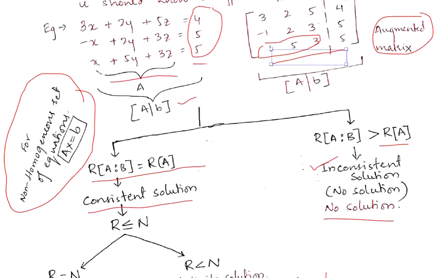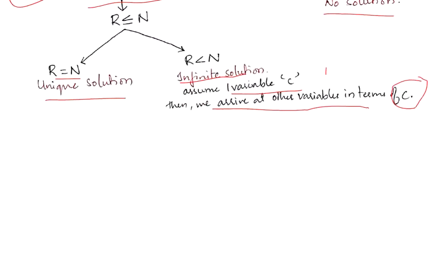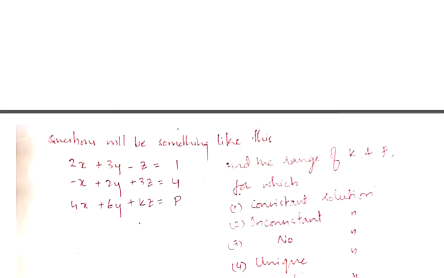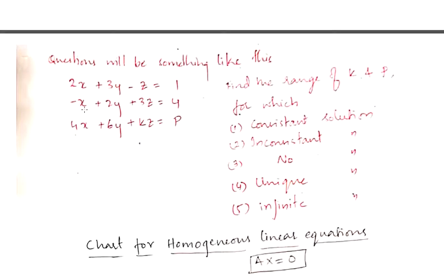So how will the questions be? Questions will be something like this: 2x plus 3y minus z is equal to 1, minus x plus 2y plus 3z is equal to 4, 4x plus 6y plus kz is equal to p. There are two extra elements here. Find the range of k and p for which there is a consistent solution, inconsistent solution, no solution, unique solution, infinite solution.